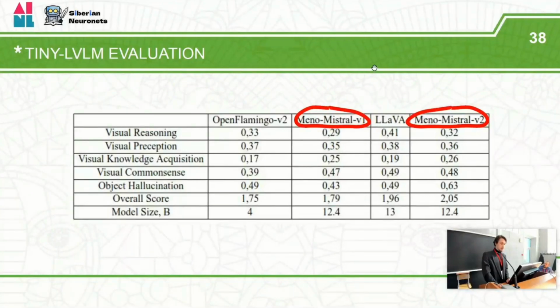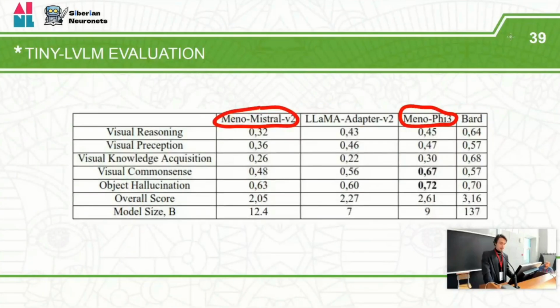We tried with Mistral models, and at first we were worse than LLaVA models in almost all categories except visual knowledge acquisition. But then we adapted our prompt, as I told you, and used newer versions of Mistral. We also tried the Phi-3 model, which was trained on cleaner text, as the authors say. And here we got interesting results.